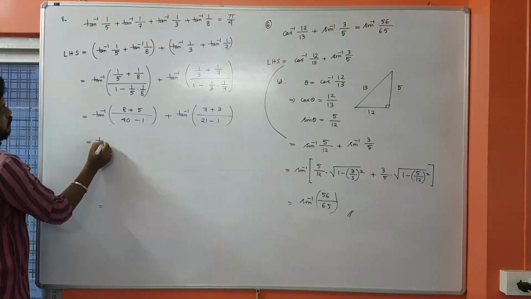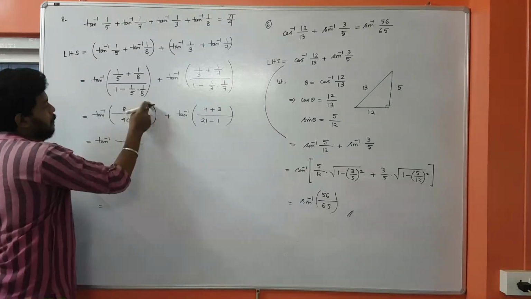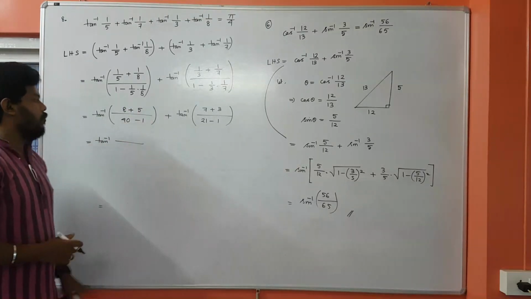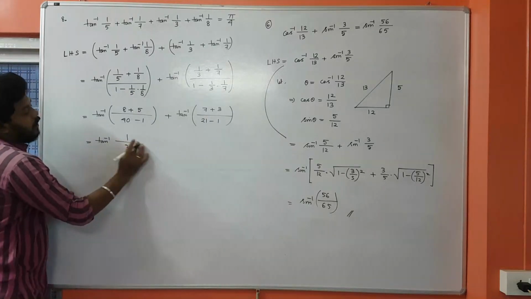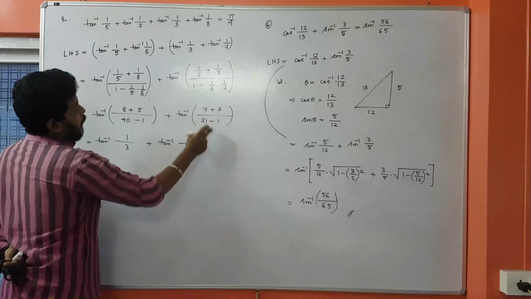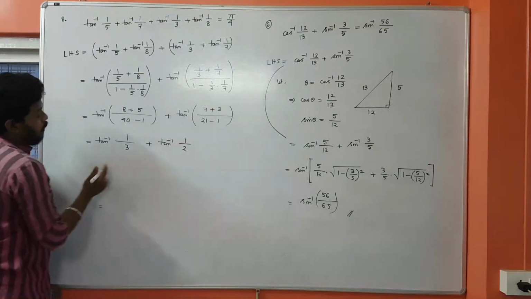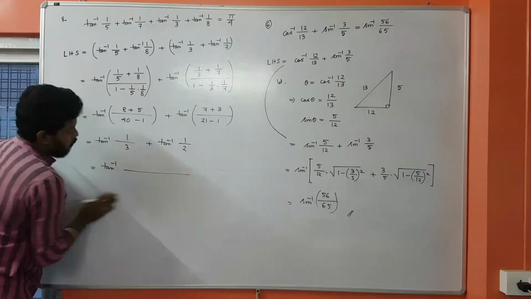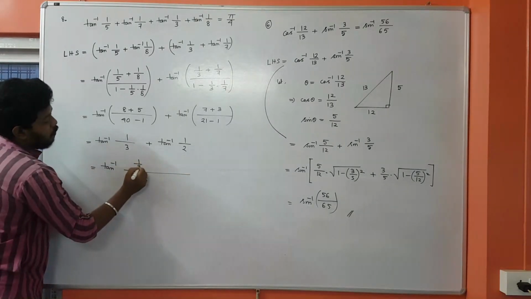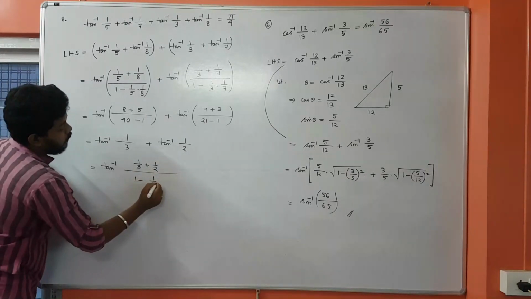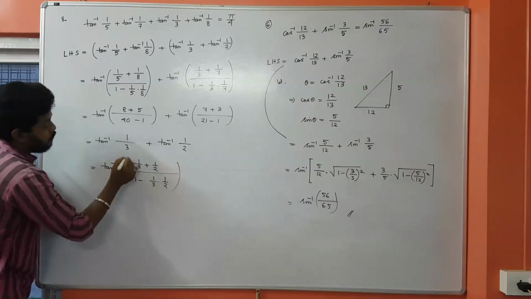Now tan inverse of 8 plus 5, 13, and 40 minus 1, 39. Now if you divide this, 1 by 3, and this is tan inverse of 10 by 20, 1 by 2. Again apply tan inverse of x plus tan inverse of y, we will get 1 by 3 plus 1 by 2 over 1 minus 1 by 3 into 1 by 2.